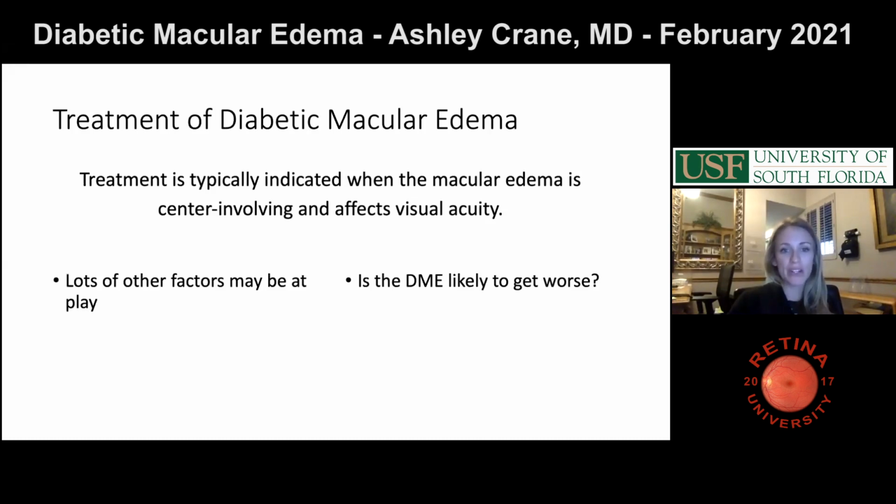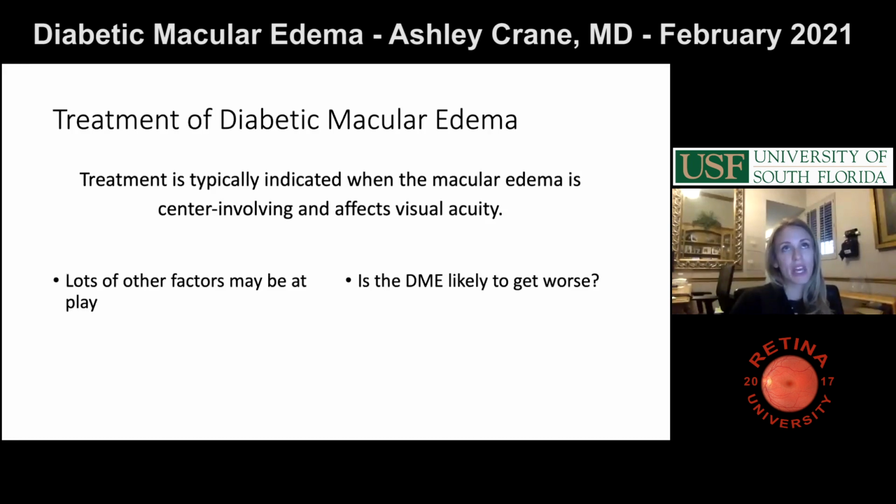What other factors may be at play that would lead you to not have to treat diabetic macular edema when it looks like their vision is down? What are the other comorbidities you have to look for in diabetics in particular? Hypertension. Yeah, that's true.